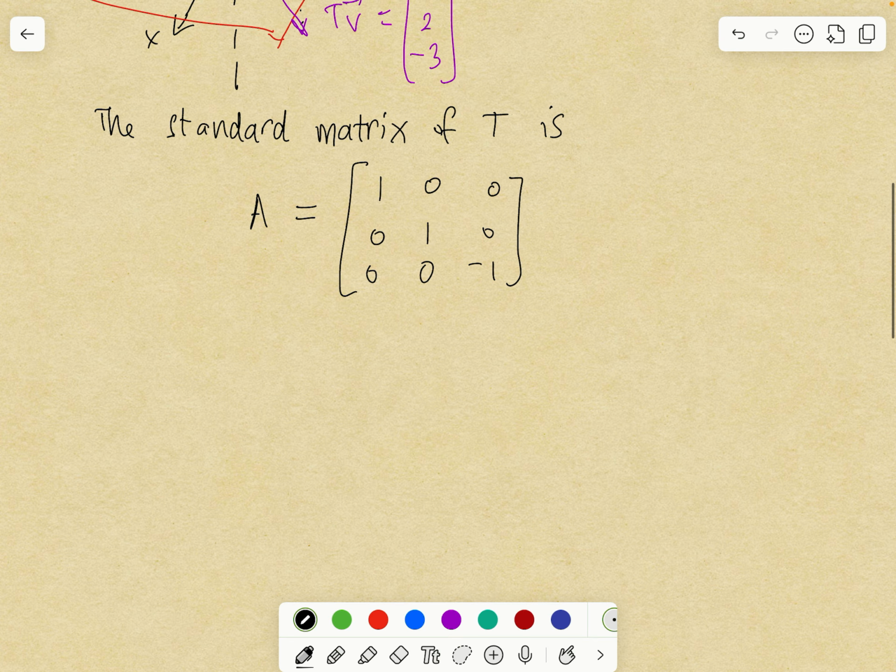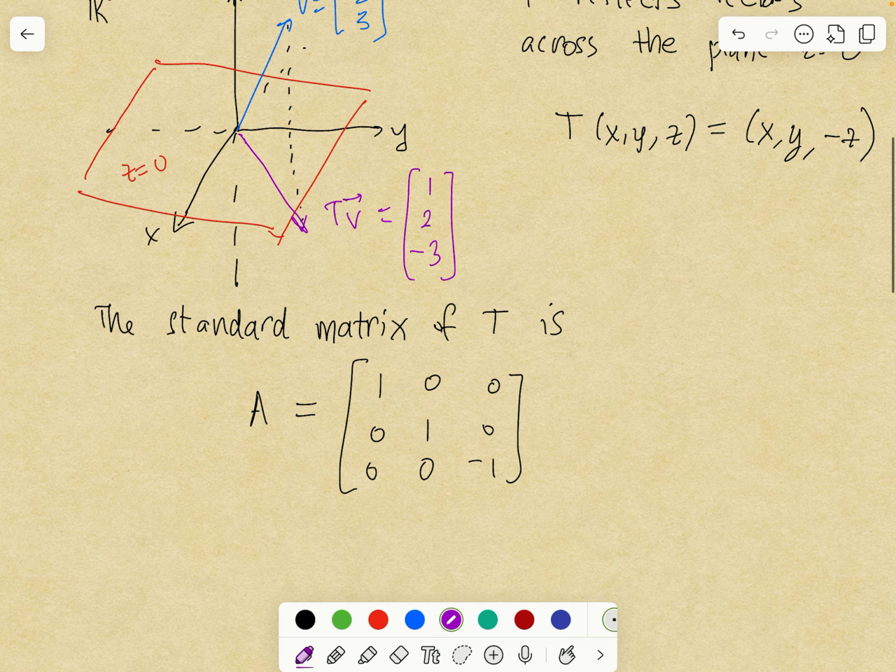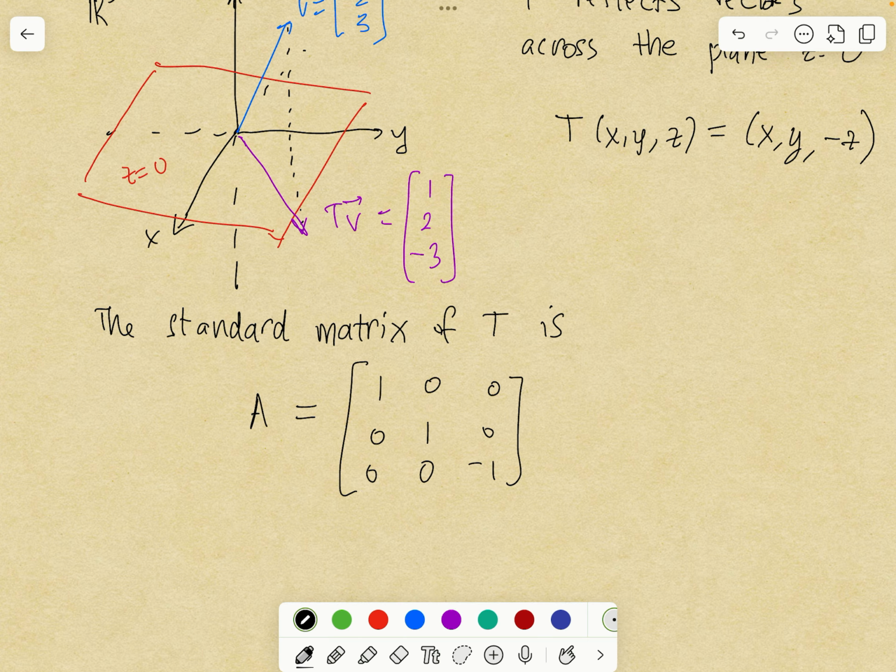Now, let's think about this matrix, this transformation in terms of eigenvalues and eigenvectors. So what are some of the eigenvectors of this matrix? Well, if you think about it, there's actually two types of eigenvectors. There are the vectors on the plane. So if you take a vector on this plane, z equals 0, what's going to happen when you reflect it? Well, it's going to stay there, right? Because if you're on the plane and you reflect across the plane, since the vector is already on the plane, it's not going to move.